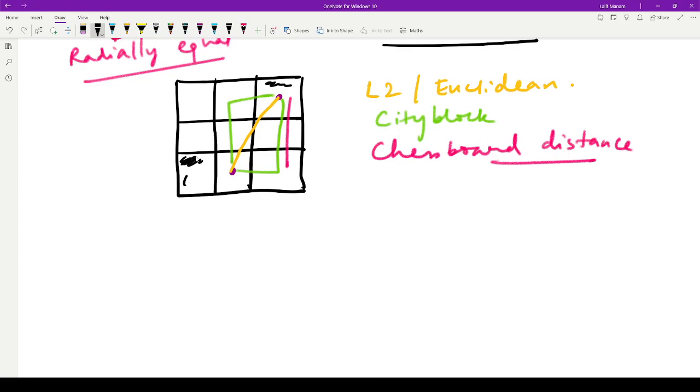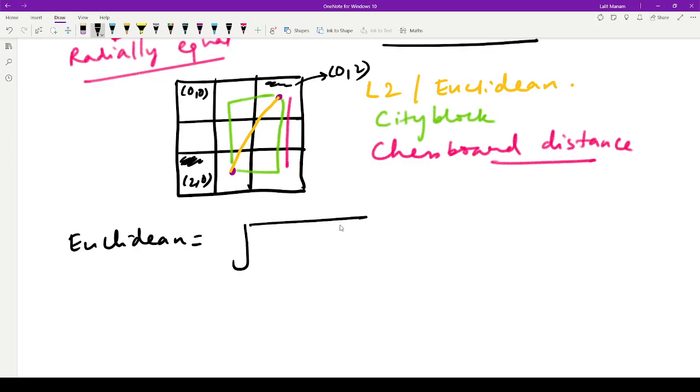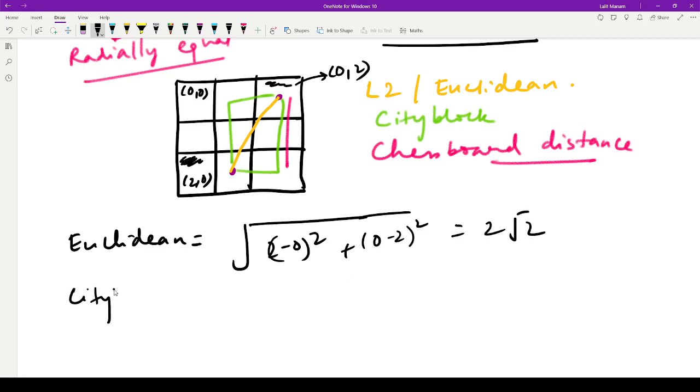If I keep this as 0, comma 0, this will be 2, comma 0, and this will be 0, comma 2. So Euclidean distance is root of 2 minus 0 squared plus 0 minus 2 squared, which is 2 root 2. What is the city block distance between these two points? 4.